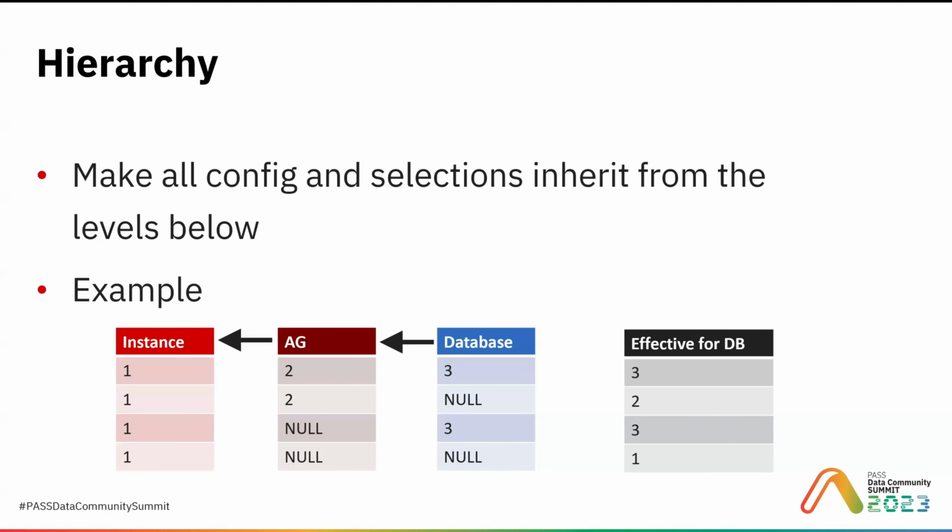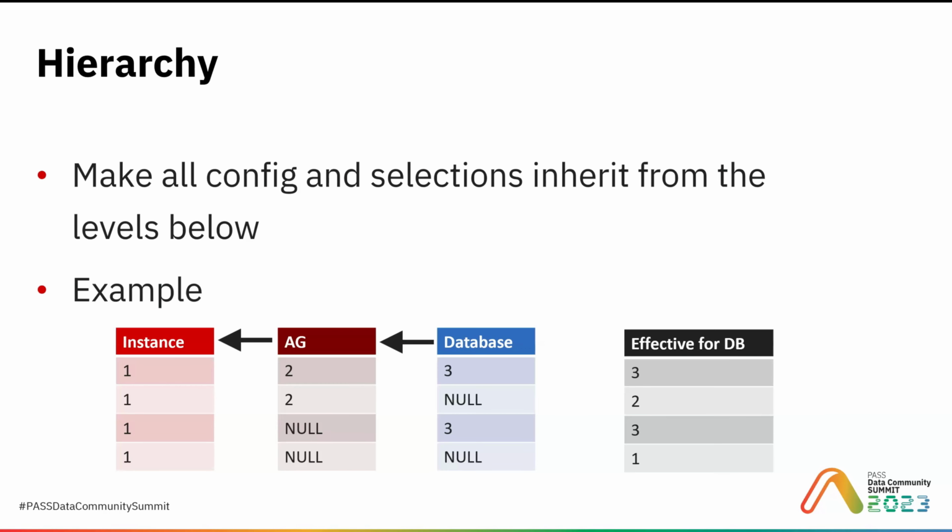So if I have a table, the table might not have a setting for it. You can override the settings for this table, how often you want to run update stats, but you might want to set it for a specific database. If you don't like it for the database, you can set it in the AG.